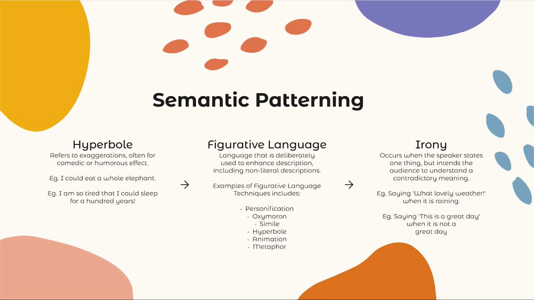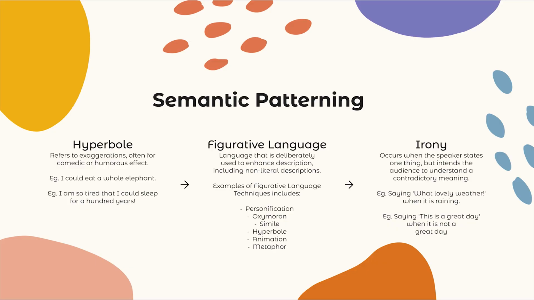Because if you ever see a short answer question, or you're trying to write an AC or analyze an essay example, and you know that there is some figurative language in the example because you can see that use of a non-literal connotation or description, but you actually can't remember which part of semantic patterning this language feature falls into, then you can absolutely label it as figurative language and still be marked correctly. So make some strategic choices out there.